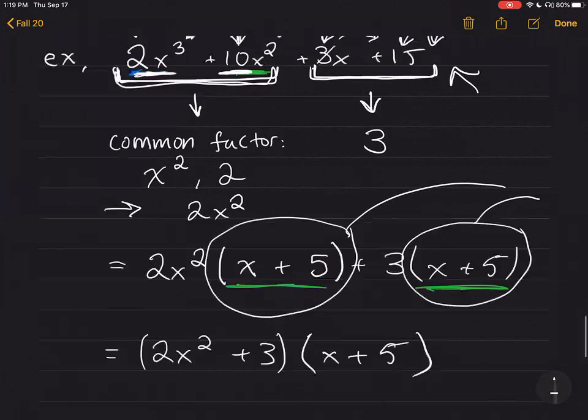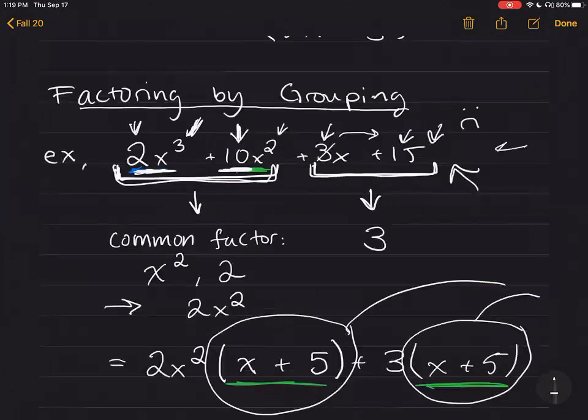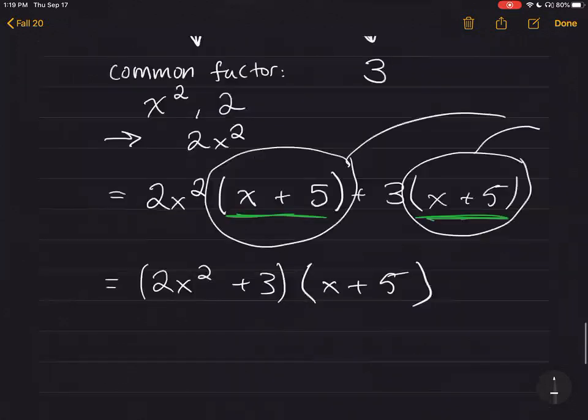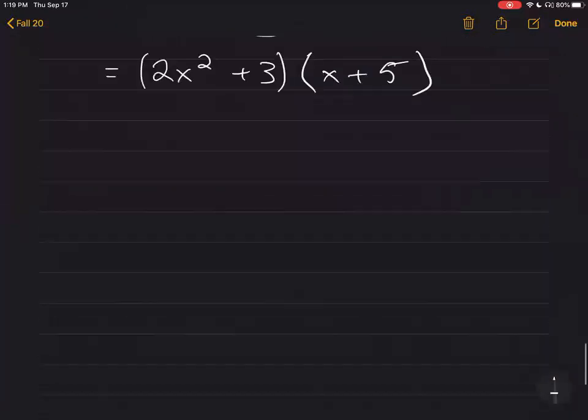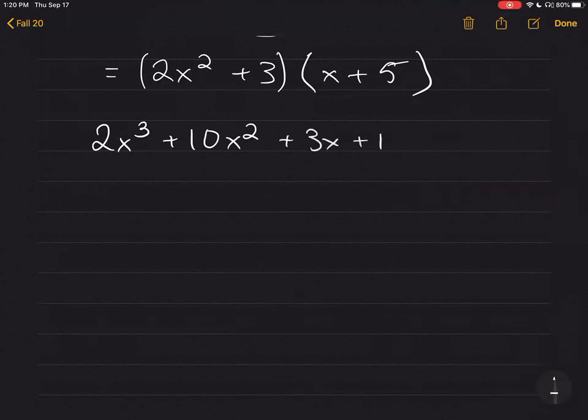Now you might notice I chose to group these in a particular way, but you can group it the other way too. So if we start with our original one, 2x cubed plus 10x squared plus 3x plus 15, and we wanted to group it a little bit differently, let's swap these two out.